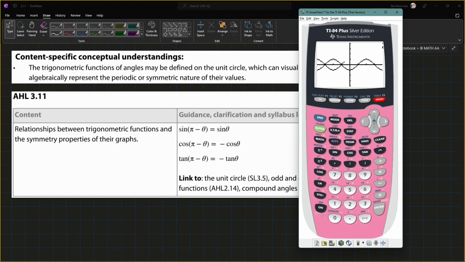For cosine, however, the two functions are not the same when we do negative cos x and cosine of negative x. Let's try the non-negative version, so cosine x and cosine of negative x. We can conclude that they're the same, so the cosine function is even.